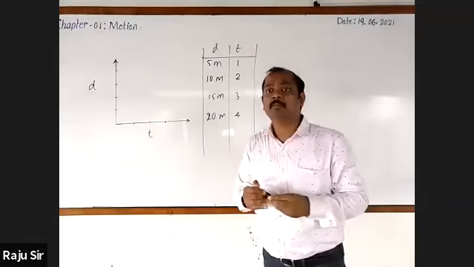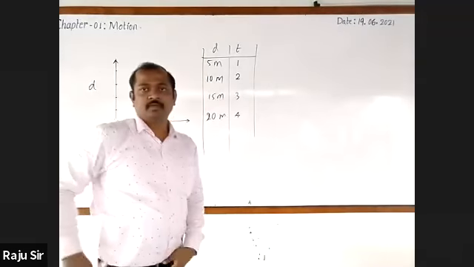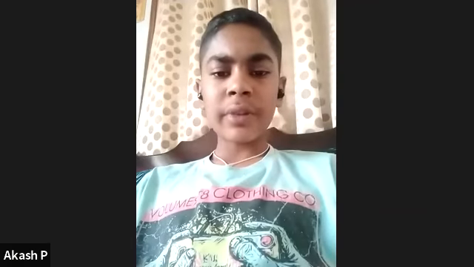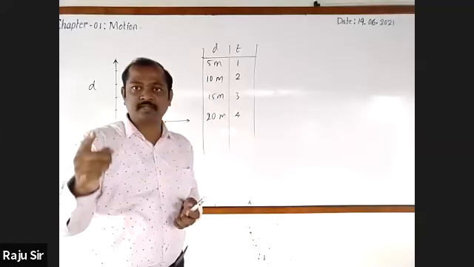Now, my question is, what is the distance covered by the body in the 3rd second? In the 3rd second, not the first second, 5 meters. You must know the difference between the questions I'm asking.